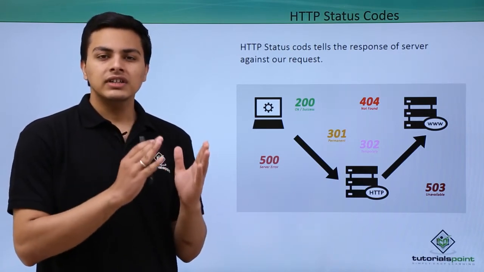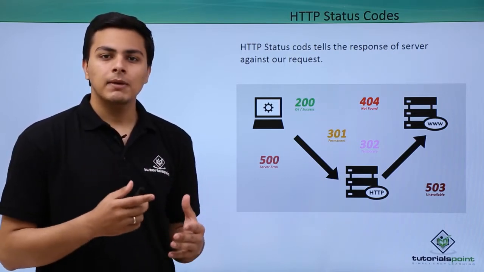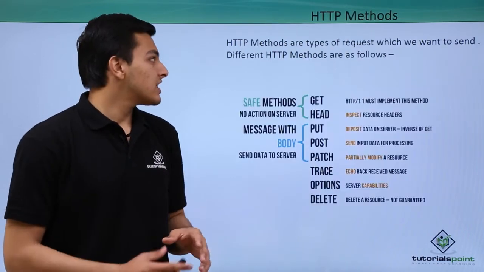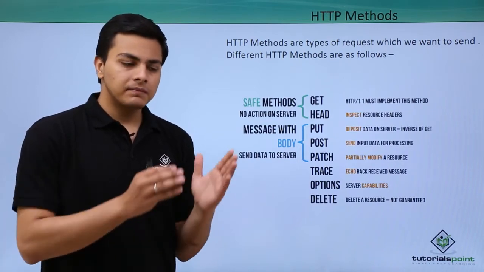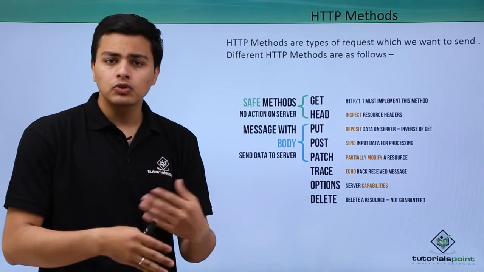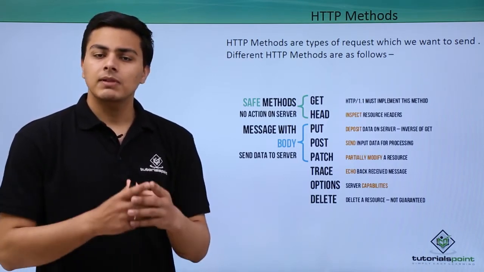In order to send an HTTP request, we also have to specify what kind of HTTP method we want to use. Now let's talk about HTTP methods. HTTP methods are types of requests which we want to send. Means we want to send an HTTP request, and what we have to do in that request can be defined as HTTP methods.